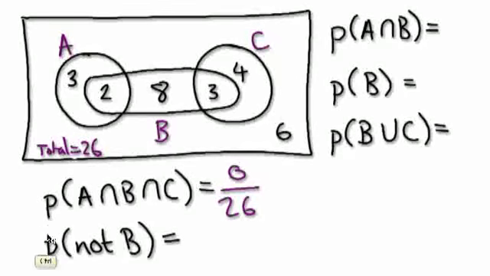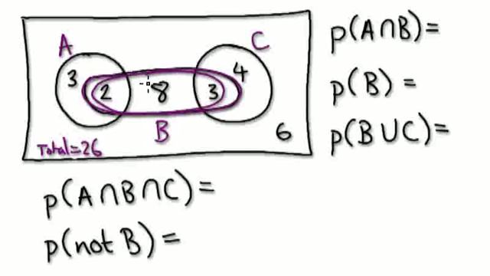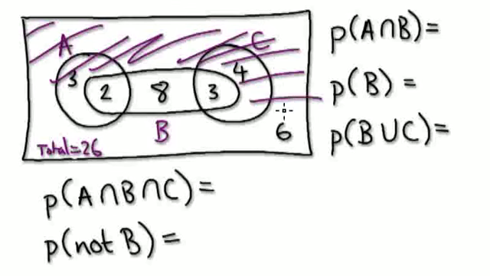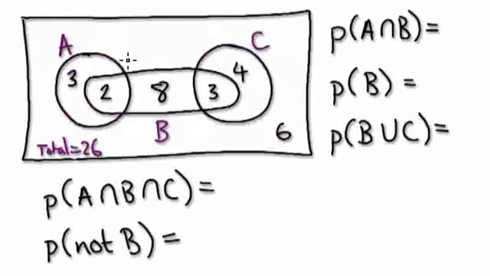And the last one, not B. Anything inside this tube here is B, so not B would be everything outside that tube. Everything on the outside would be this, this, and this.